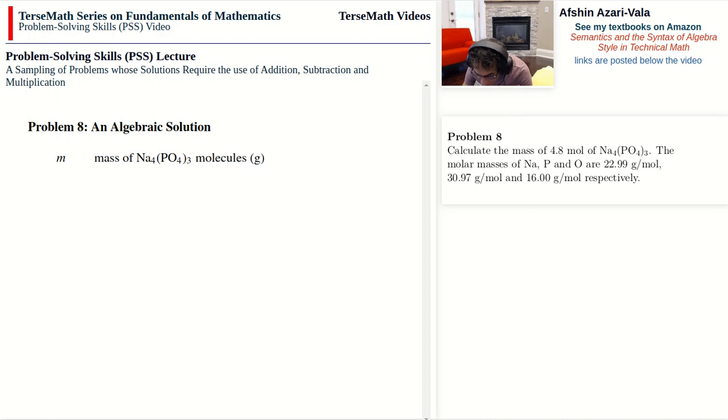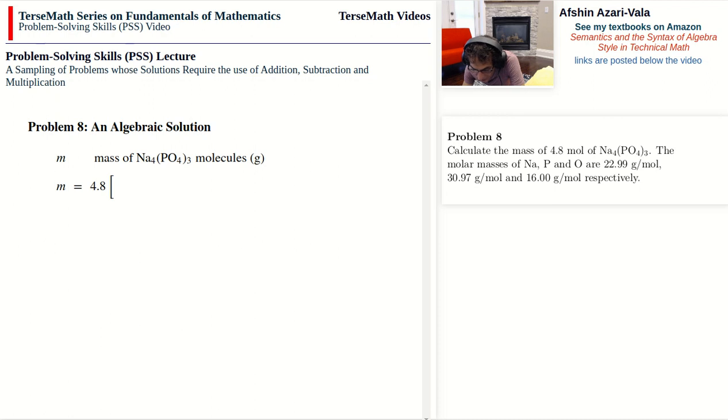And this is measured using grams because we are dealing with moles. And so M becomes equal to 4.8 multiplied by brackets that have the mass of 1 Na4(PO4)3. And because we are going to end up with brackets within brackets, I'm going to use square brackets for the outside ones and round brackets for the inside ones.